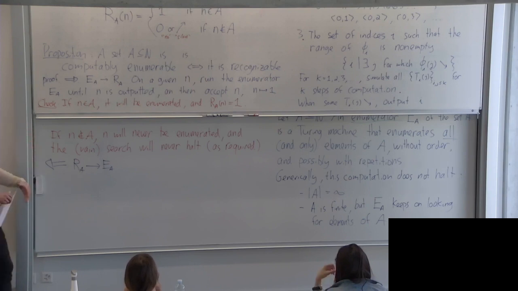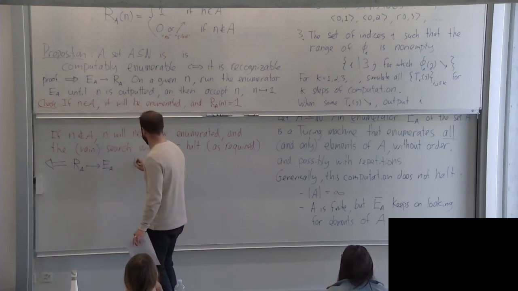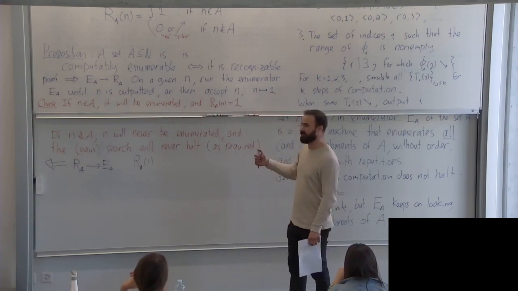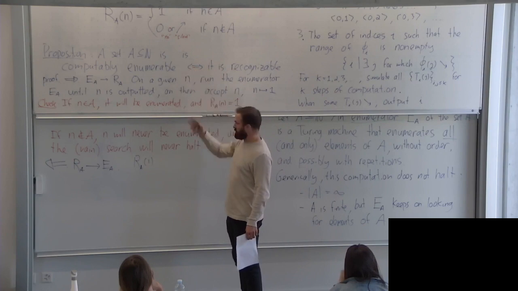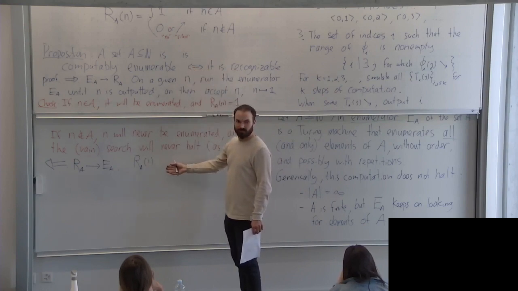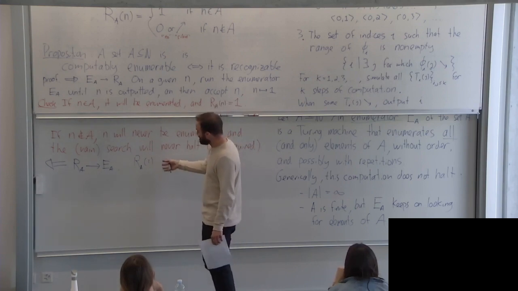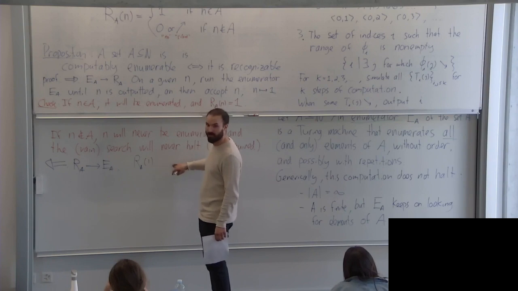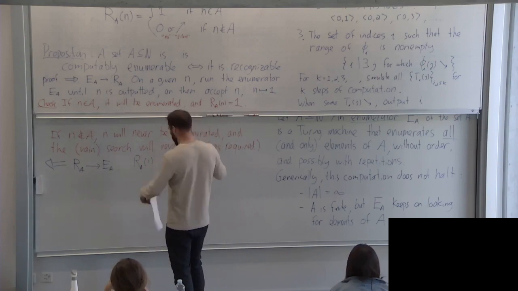Again, the trap is to say, oh, I want to enumerate all elements of A. Let me just go: RA of 1, let's compute that. I'm going to check if 1 is in the set A. But what if 1 loops? You're stuck in a hole again. So you have to spend time computing this, but not too much. Eventually you have to get bored and move to some more interesting problem. So allocate some time here, then compute RA of 2, and then compute RA of 3 for a little bit, and then come back. As Giacomo said, same trick as before.